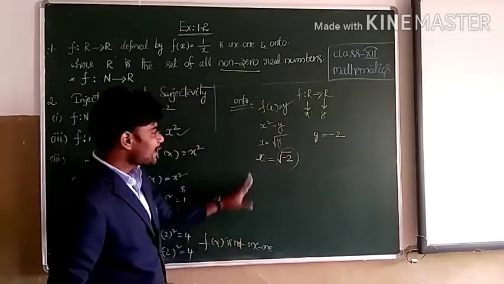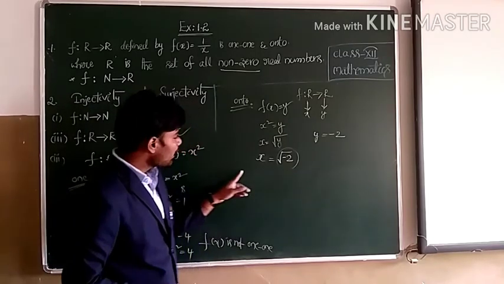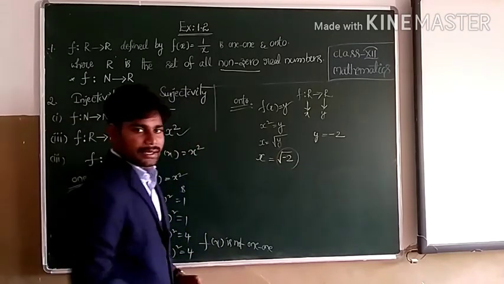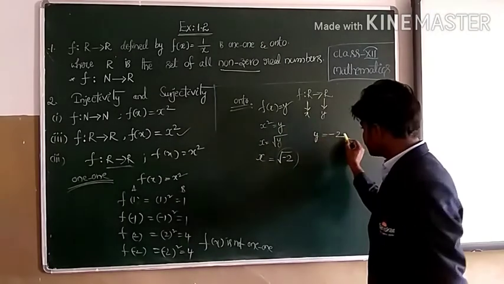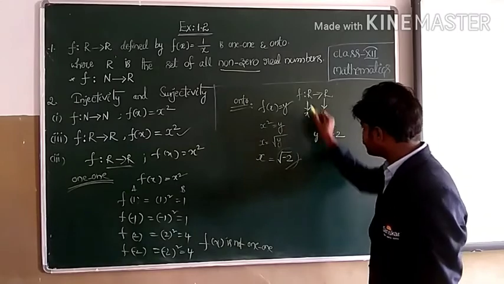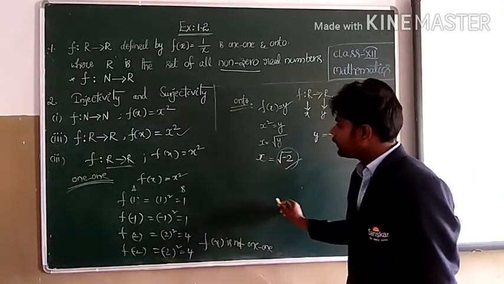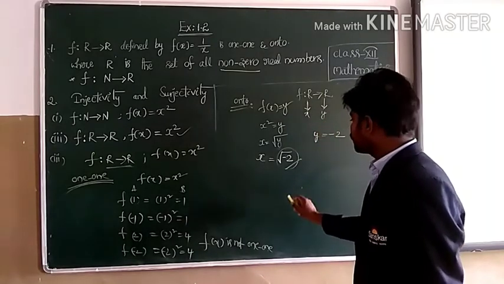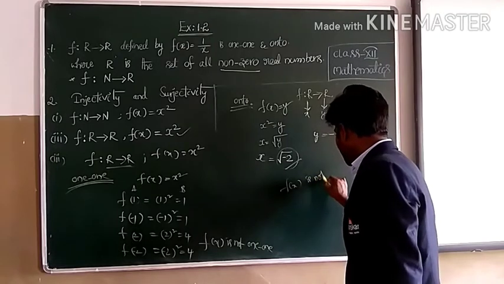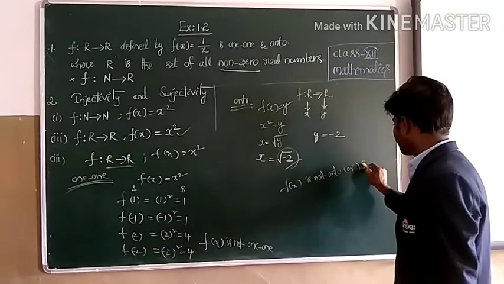So we can conclude that there is no element in the domain when y is equal to minus 2. This value does not come under the real numbers. So that's why f of x is not an onto function, or surjective function.